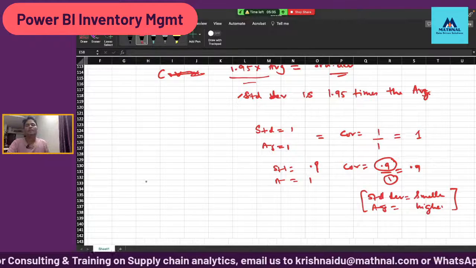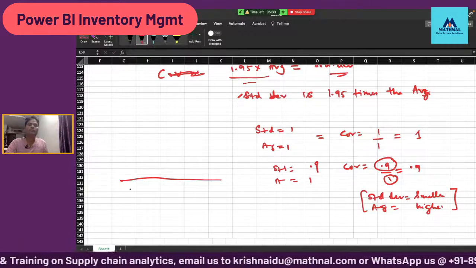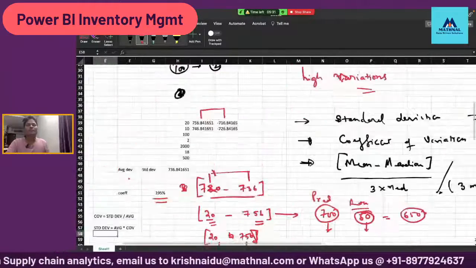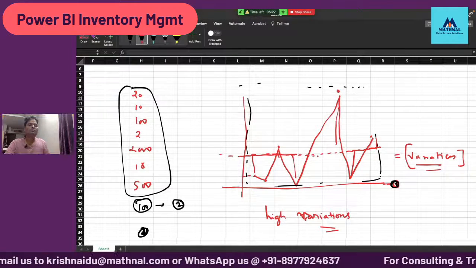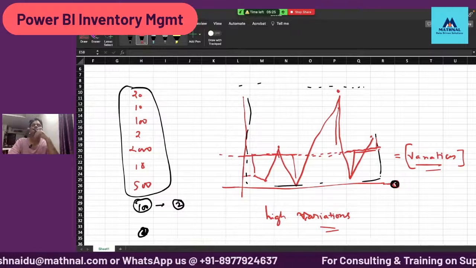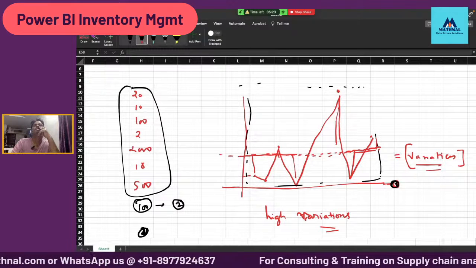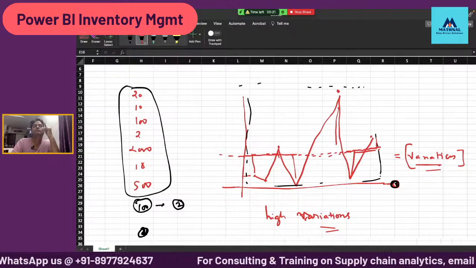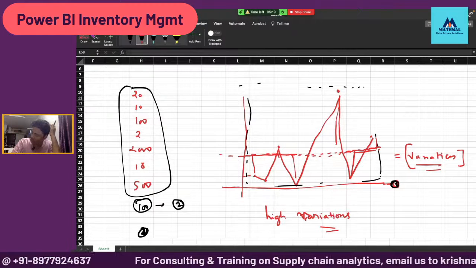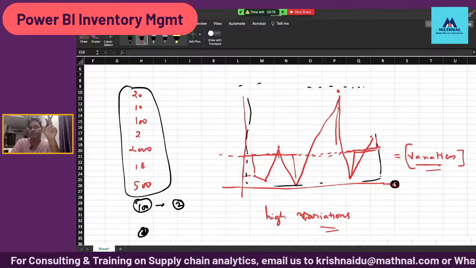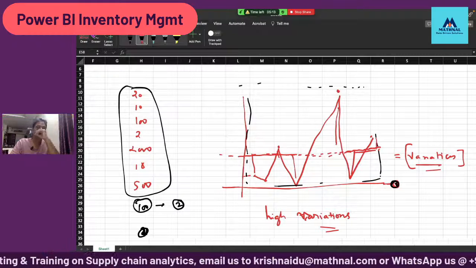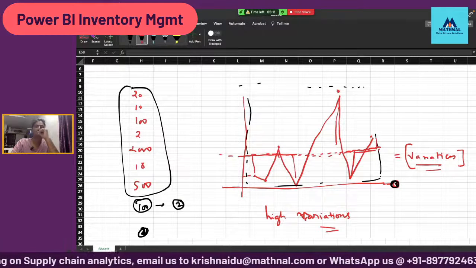If you look at the graph, this is the central number. Average is the central number. Out of all these numbers, if we want to find a central number, we will take its average.